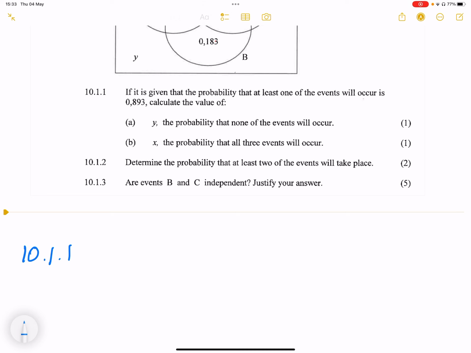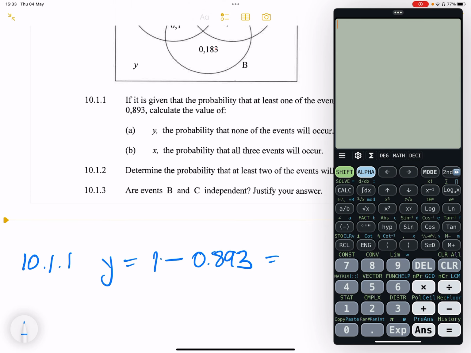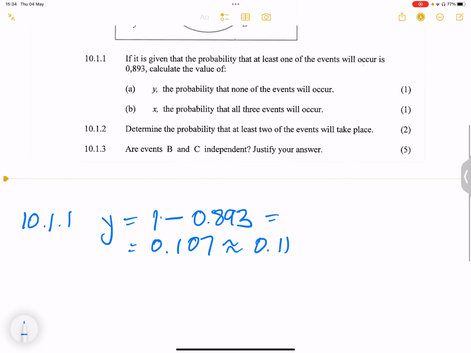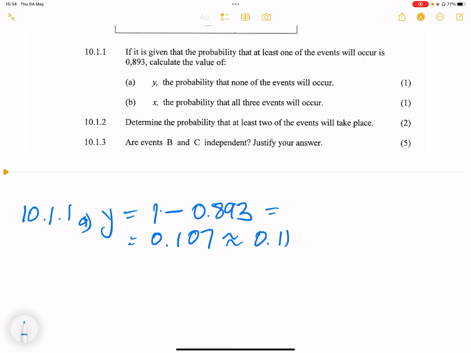So that means the probability that none of them happen would be 1 minus 0.893. And what does that give us? 1 minus 0.893 will give us 0.107. If you want to convert that to two decimal places, you can say this is 0.11. Okay, so that's the probability that none of them will occur.